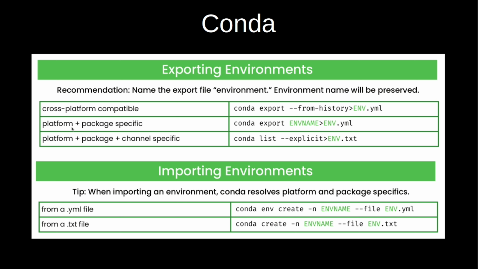For example, for Windows you will have a specific package from a specific channel from a specific build of pandas, while for Linux you have another one, and for macOS you have another one.